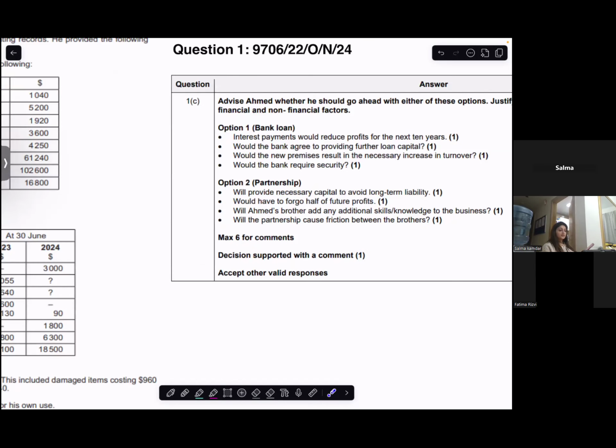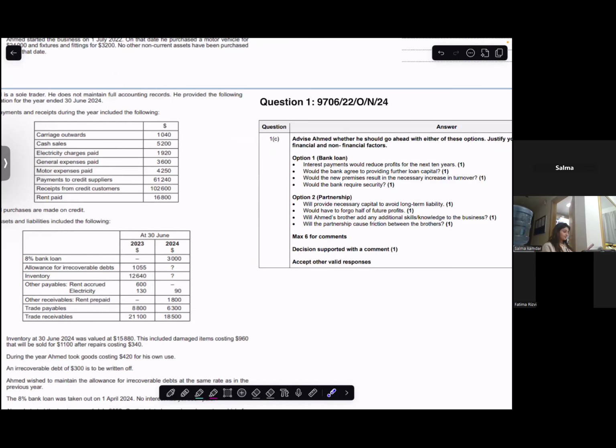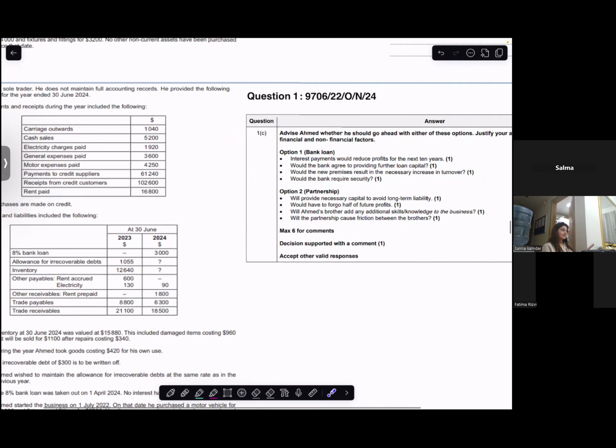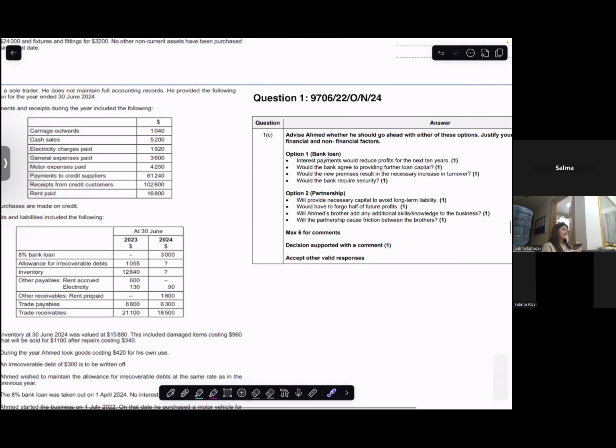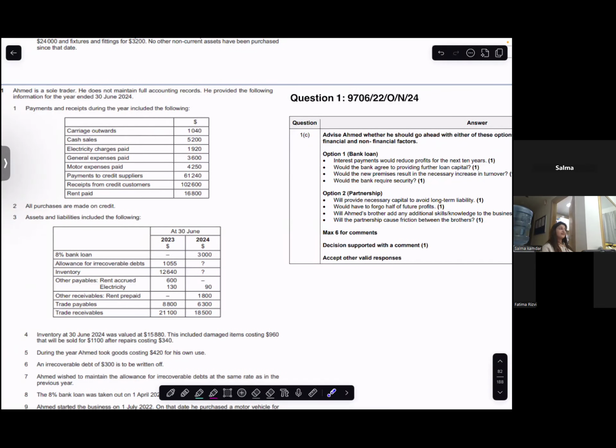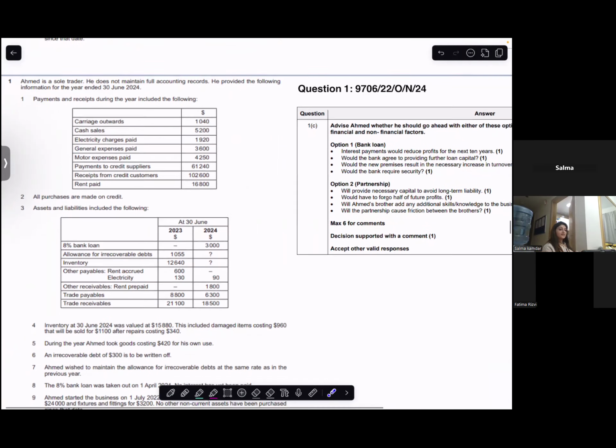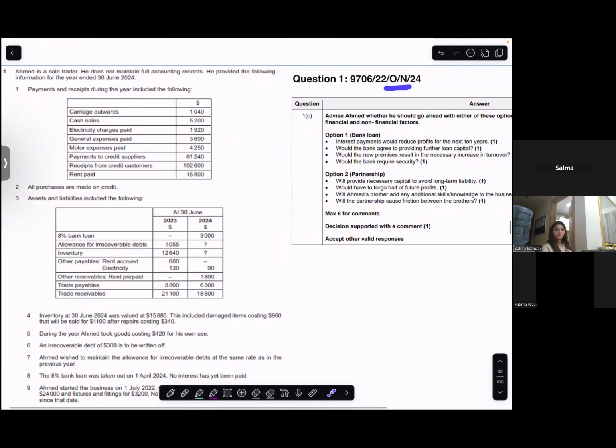What is your decision? What should he do? Why? Because he might not want to dilute ownership. He might be very confident about his ideas and proposals. So with this, we complete October November 24 paper 22.